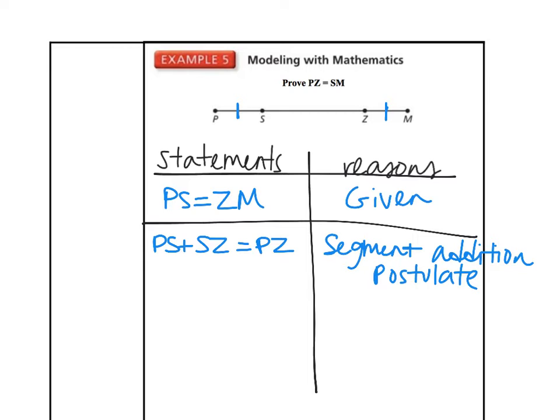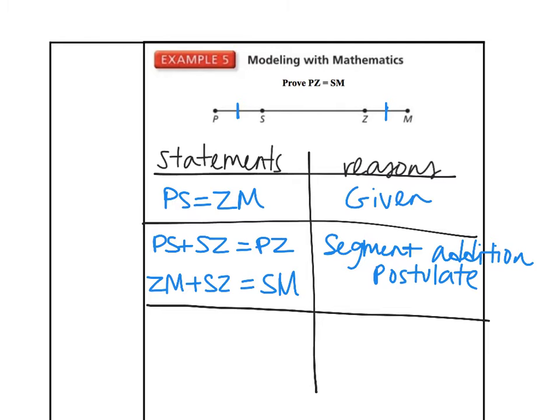Sophia? Okay, so I'll say ZM plus SZ equals SM. Segment addition postulate, we can say that those two smaller parts equal the whole.